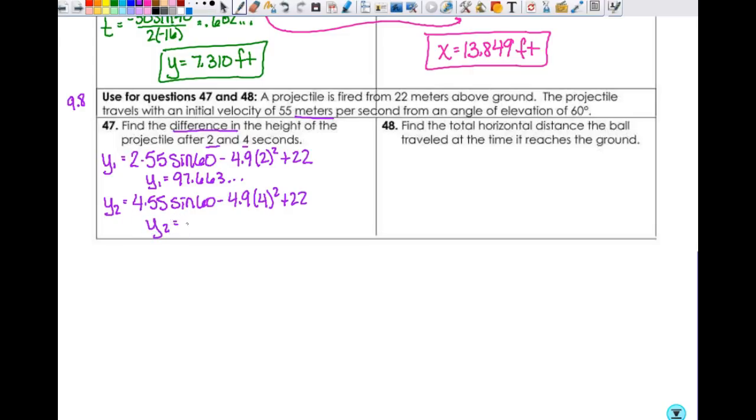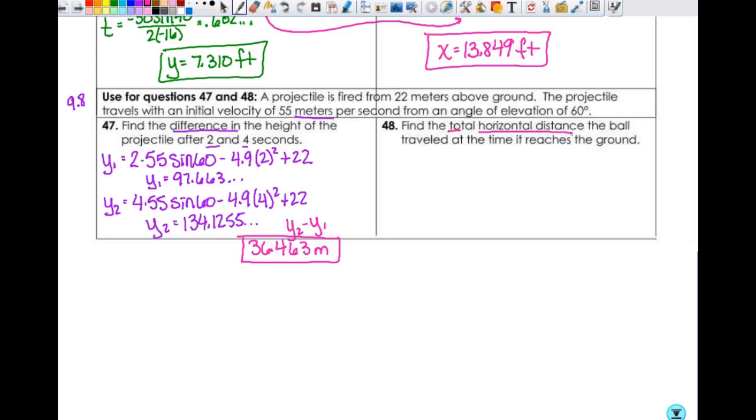Y2 is going to give me 134.1255, blah, blah, blah. Store that in your calculator. So what I really want in the end is y sub 2 minus y sub 1, and the difference is 36.463 meters.